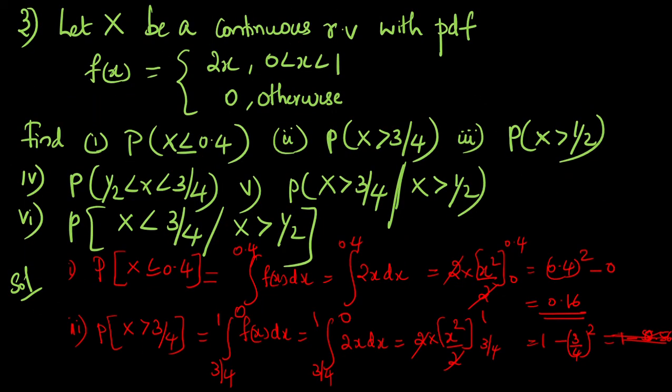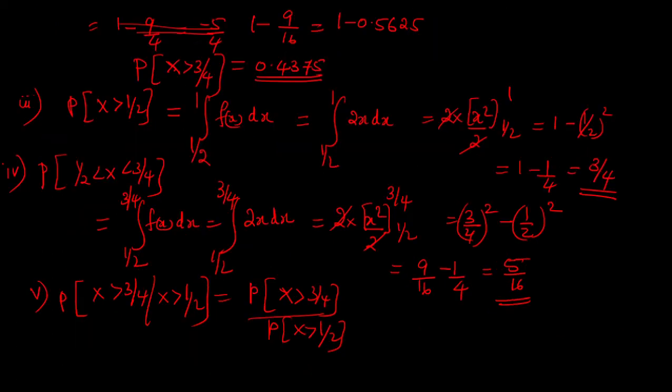P of x greater than 3 by 4 has got the value 0.4375. P of x greater than 1 by 2 has got the value 3 by 4, which is 0.75. It is equal to 7 by 12.